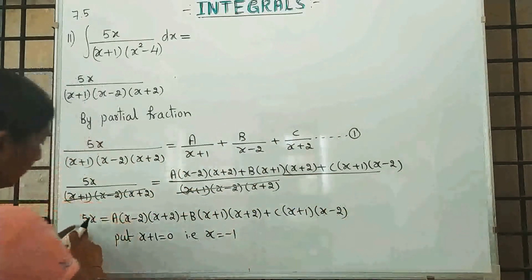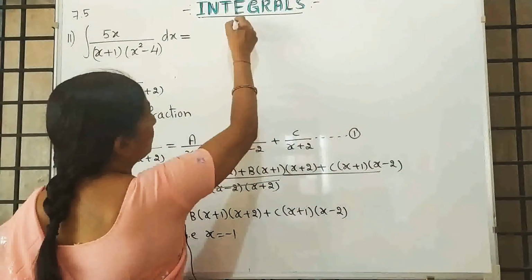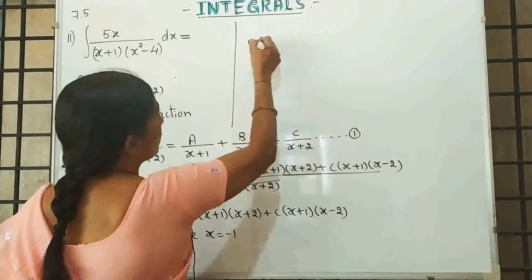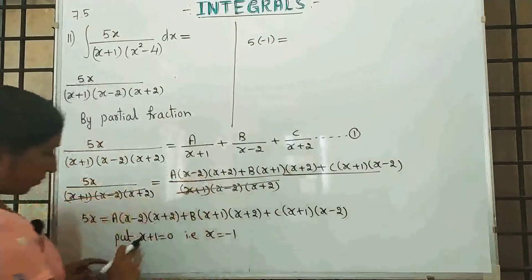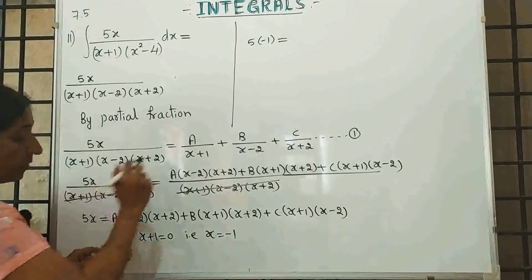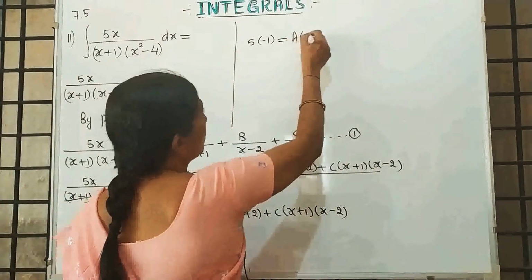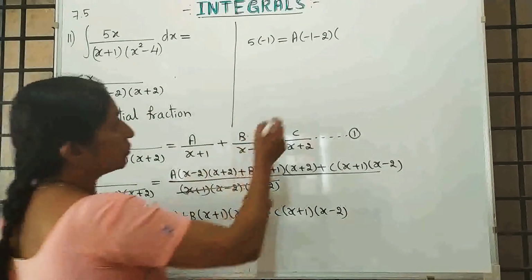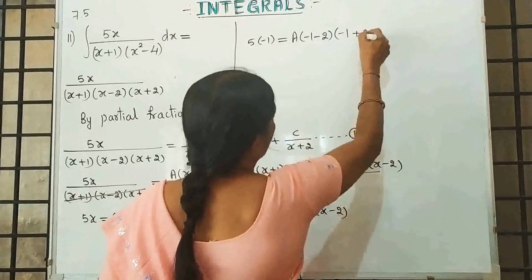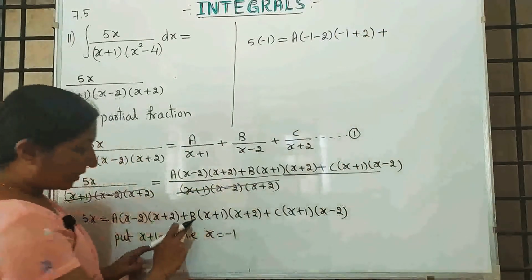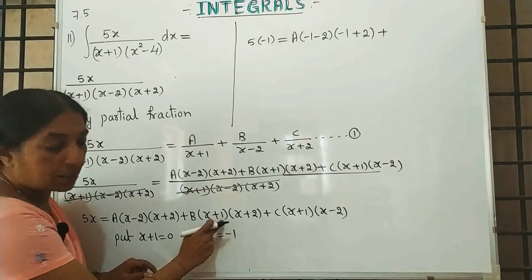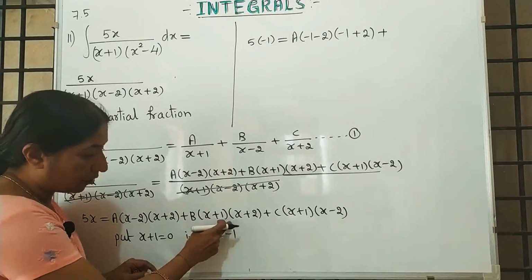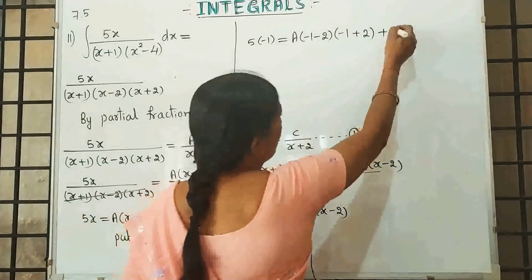So it is 5 into minus 1, is equal to A into (minus 1 minus 2), next bracket is (minus 1 plus 2). And B is with 0 because this bracket is minus 1 plus 1, this bracket is 0. 0 into anything is 0.